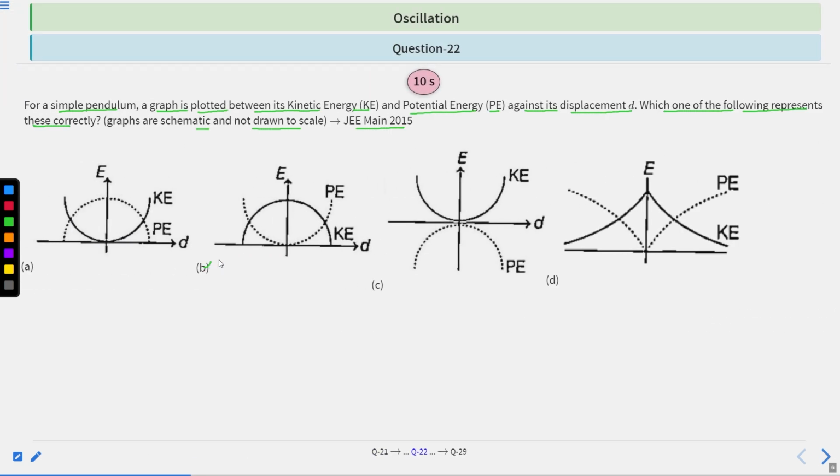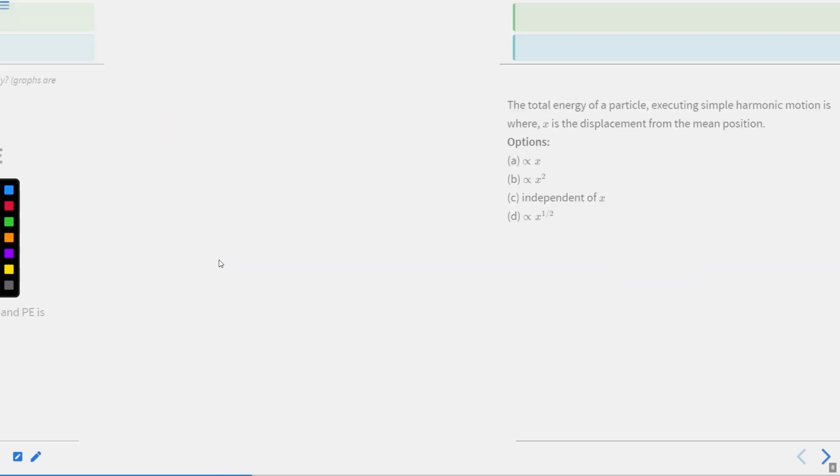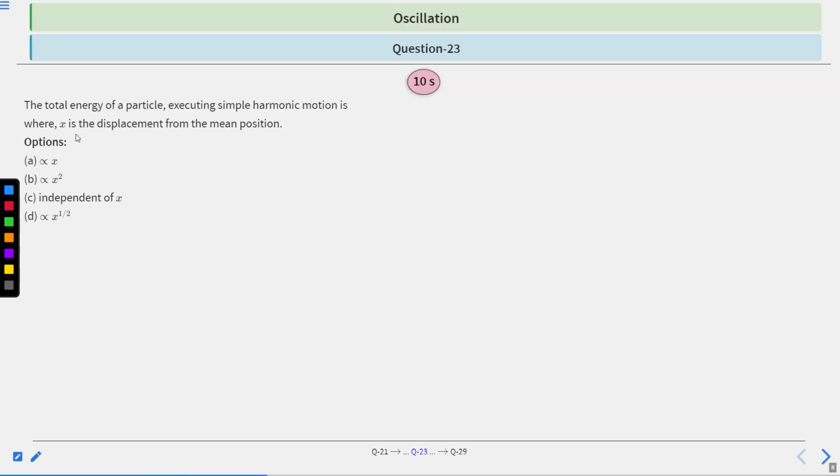Next question. Question 23. The total energy of a particle executing simple harmonic motion, where x is the displacement from the mean position. Which option is correct?